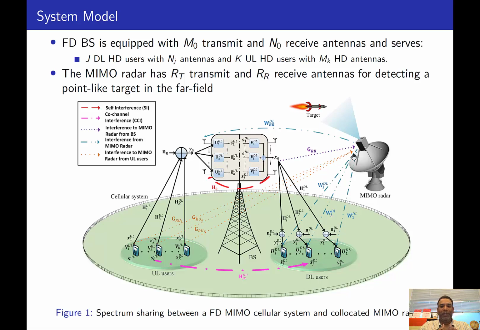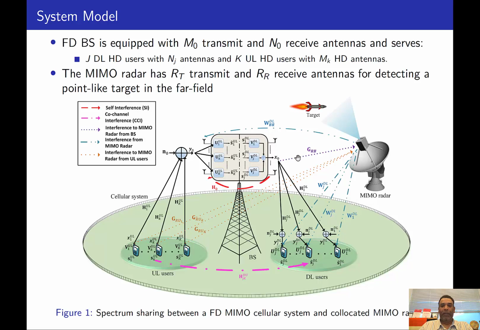So our objective in this work is to show the coexisting performance: the mobile cellular system is able to operate to provide service to uplink and downlink users, and also the MIMO radar is able to detect the target as well. So we wanted to show this coexistence. How do we do this? We need to somehow minimize these interferences.